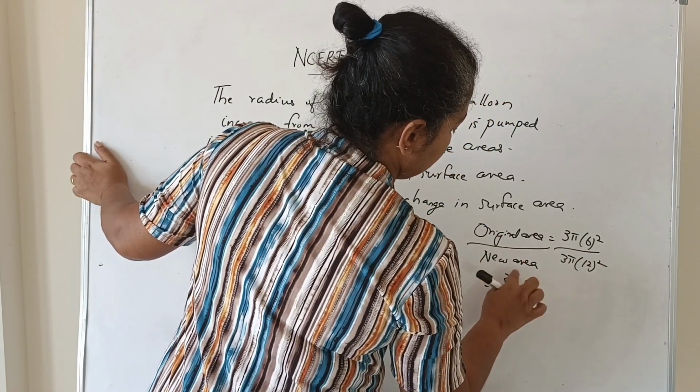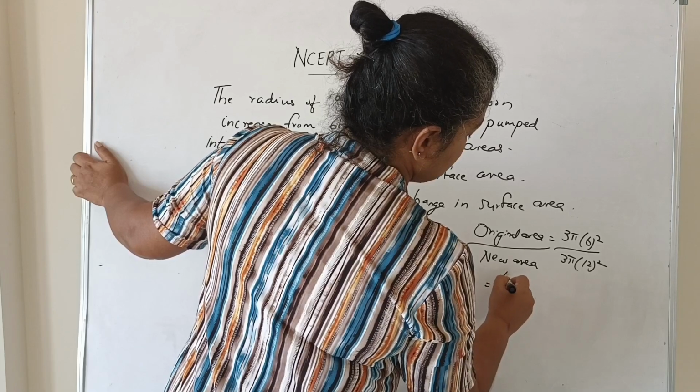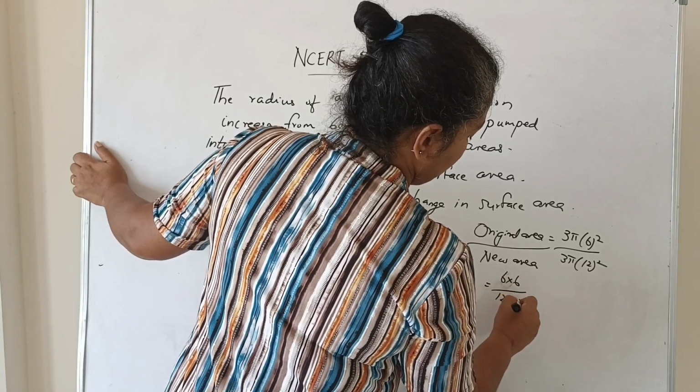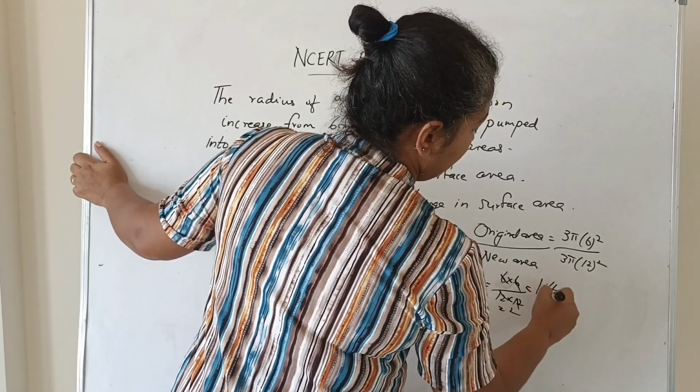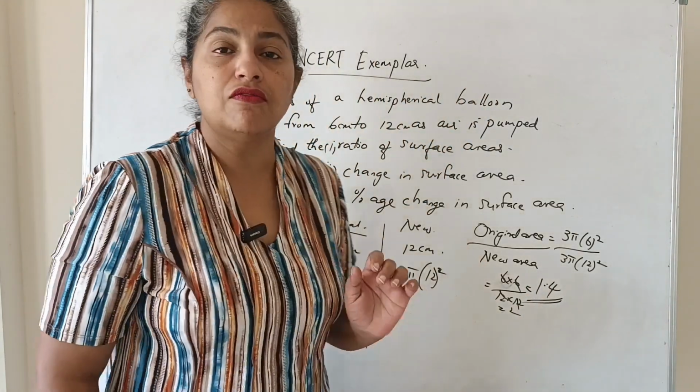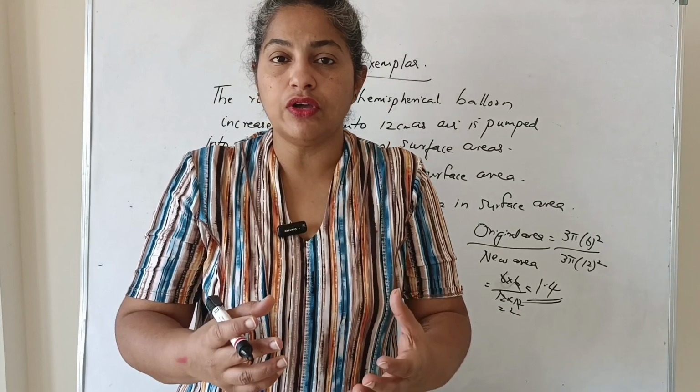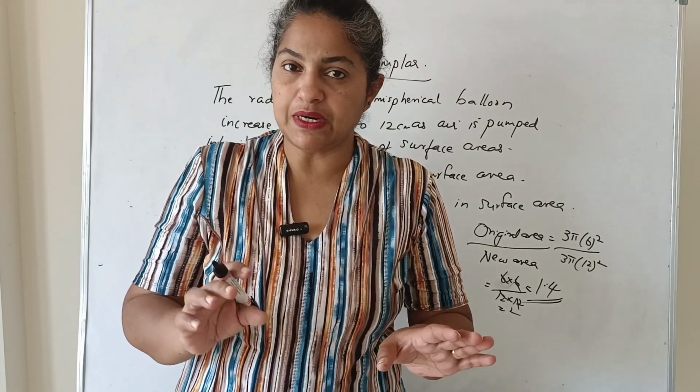You will get 6 into 6 by 12 into 12, where you will get it as 1:4. The new area is 4 times the original area. The first part is done.